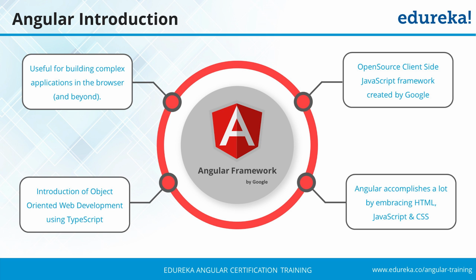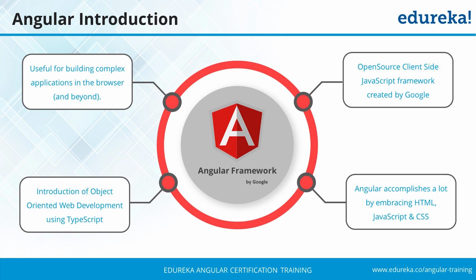So it accomplishes a lot by doing a very simple thing. It takes HTML, JavaScript, CSS, takes all the concepts of it, and mixes them in such a way that your static HTML is converted to a dynamic HTML, and that creates your application. But the application is created in such a way that it is more maintainable and also a lot more testable. Introduction of object-oriented web development using TypeScript was one of the best things that happened.